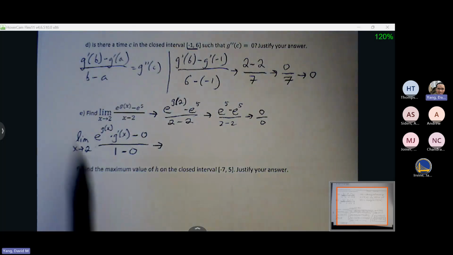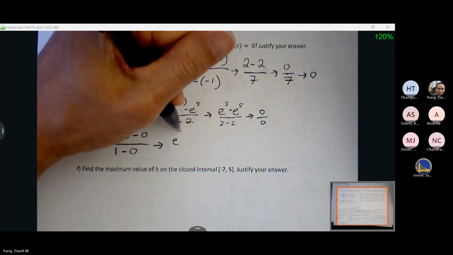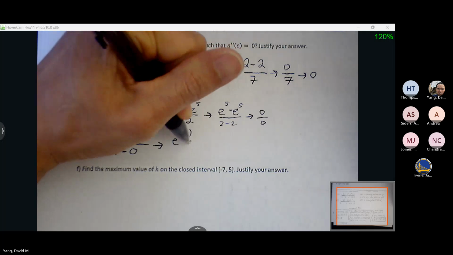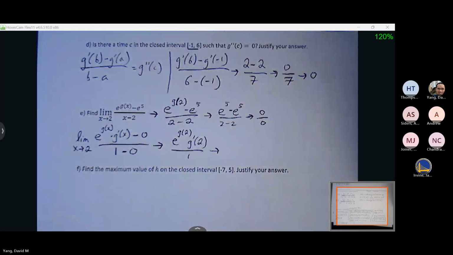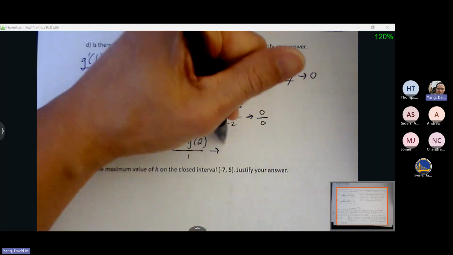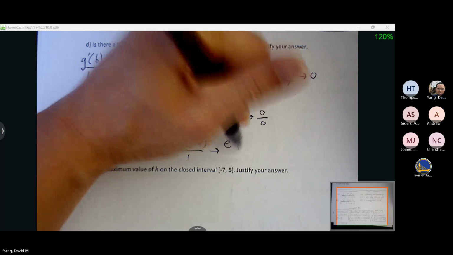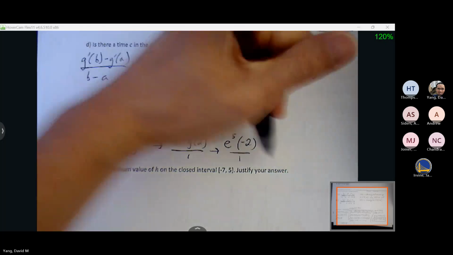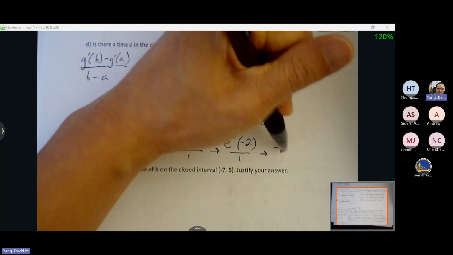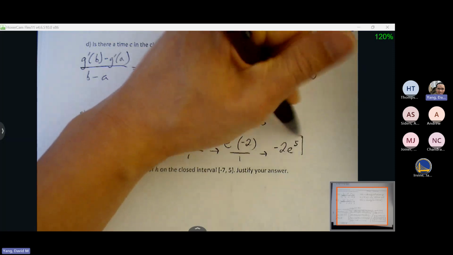So now that we have our derivative version, let's reevaluate our limit. Again, g of 2 is 5. So e to the 5th times g prime of 2, which is negative 2. And that is a real number. Negative 2 e to the 5th is my limit.